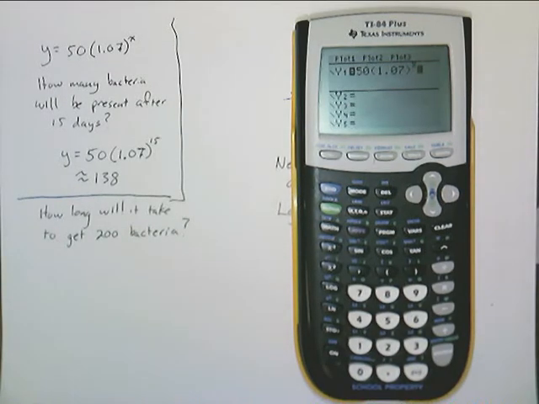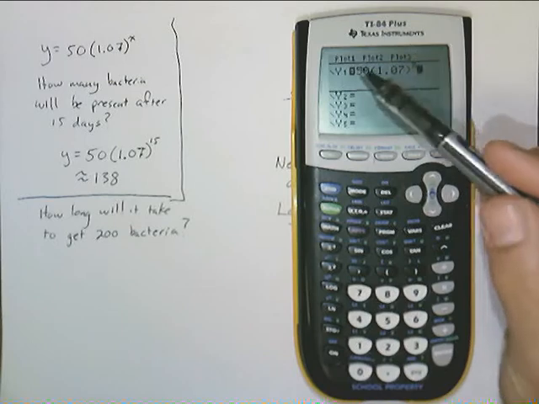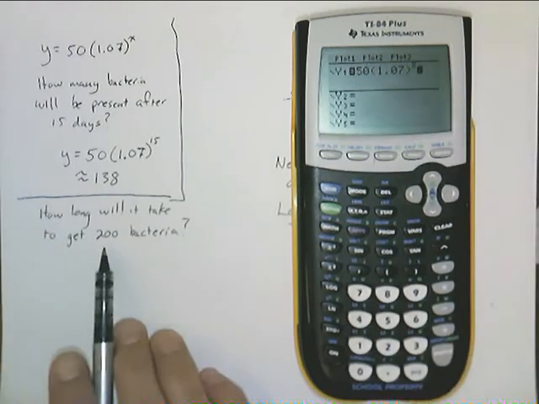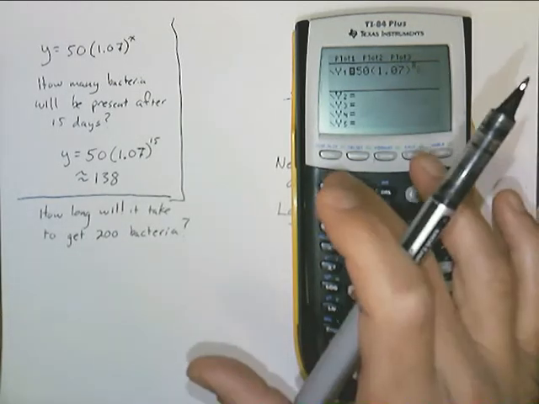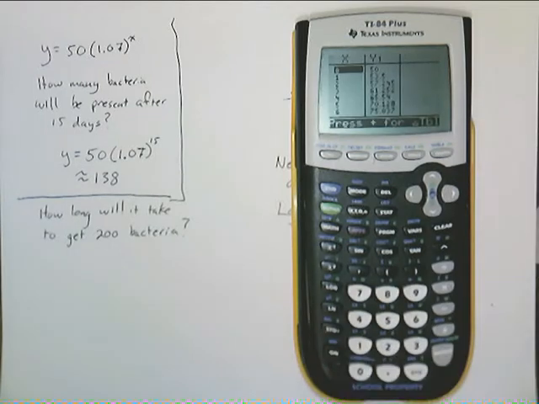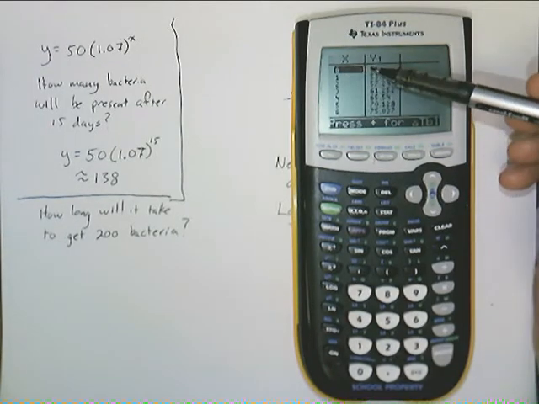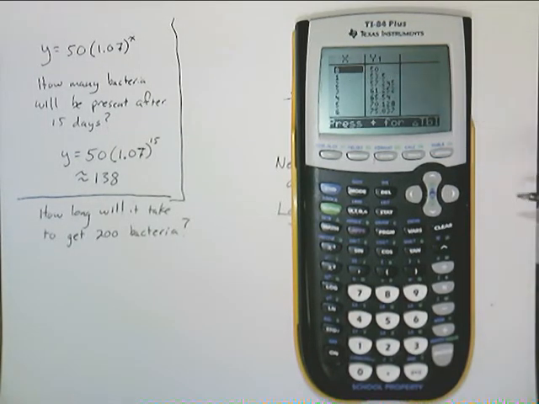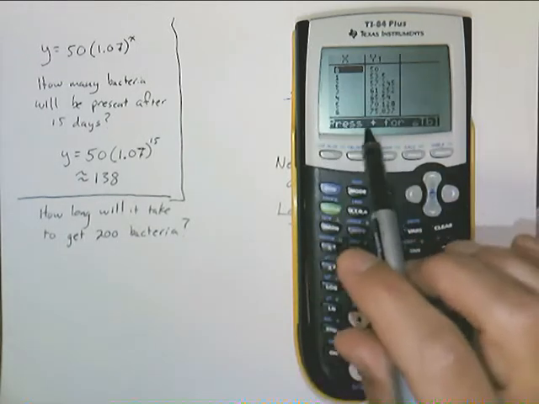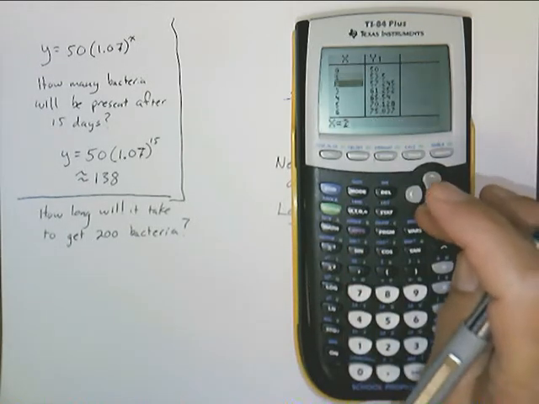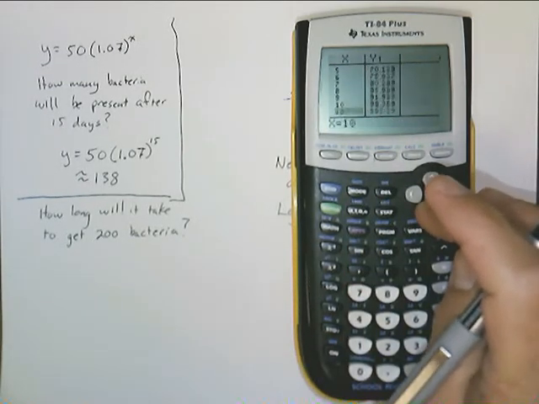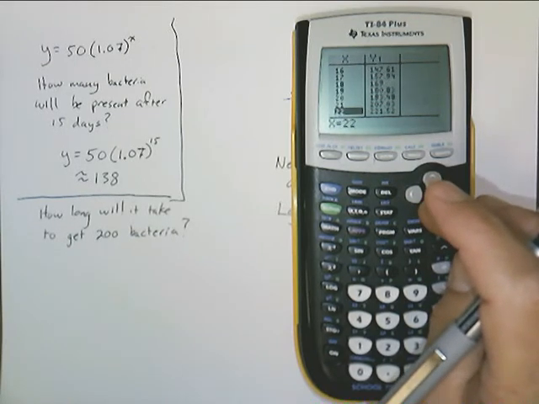And we want to see, well, what value of x will give us a y of 200. The table is a great way to see that. So at 0 we have 50, at 1 we have 53.5, 6 days are up at above 75. So let's just scroll down here and keep going until we see, oh, there we go.